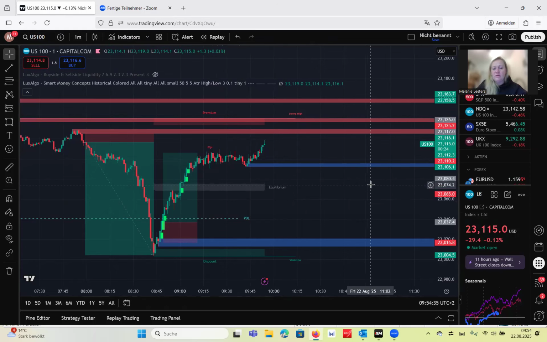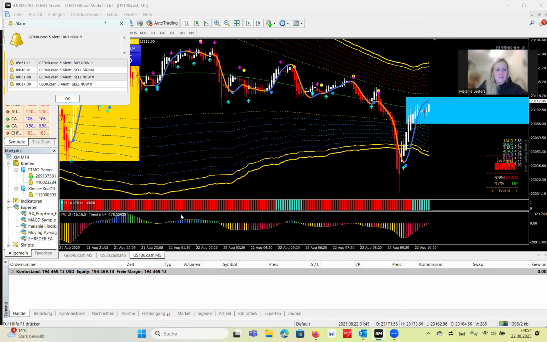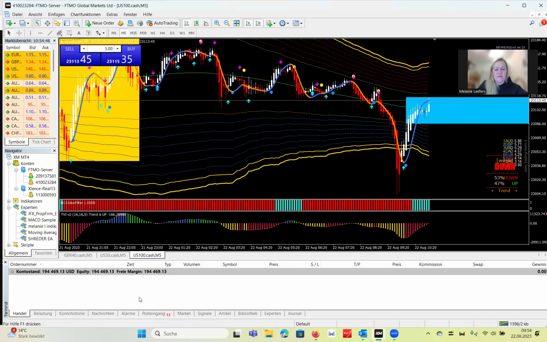What I also have, but this is an indicator here, I can show you if you can see it. Maybe some of you know it. It's the Golden Sniper indicator. That's one of my accounts here at 194,470.